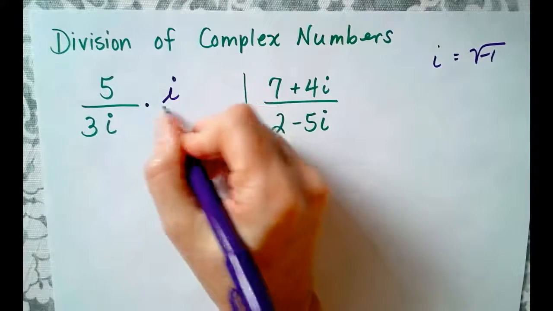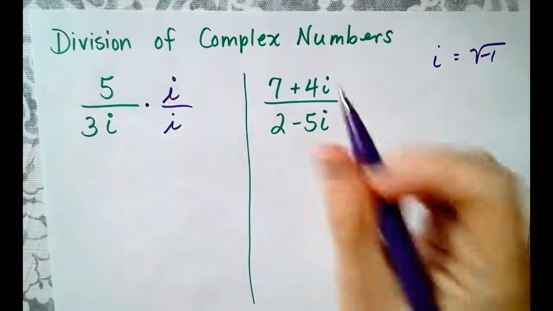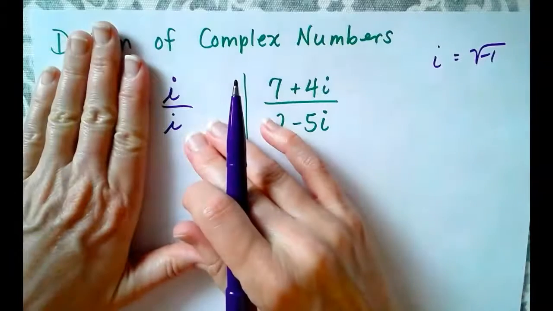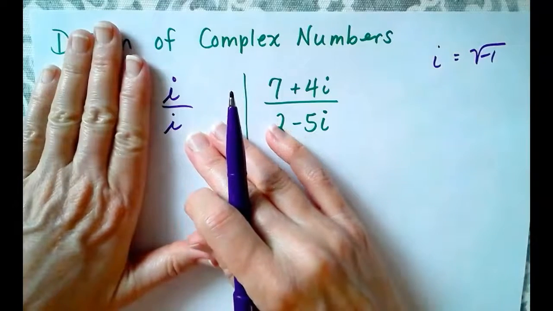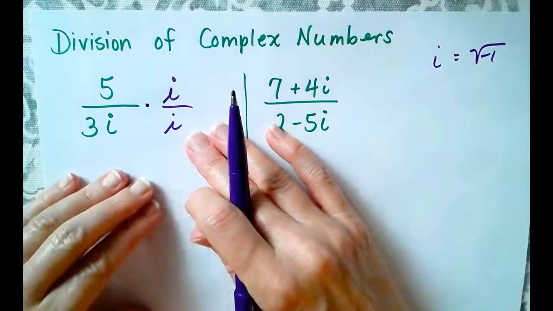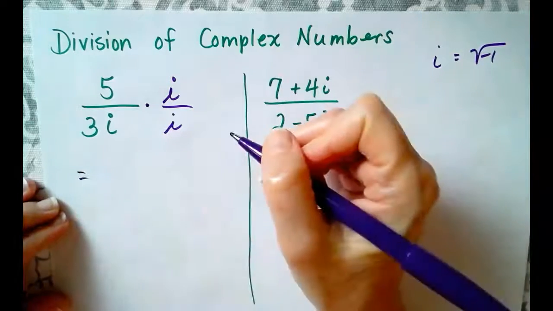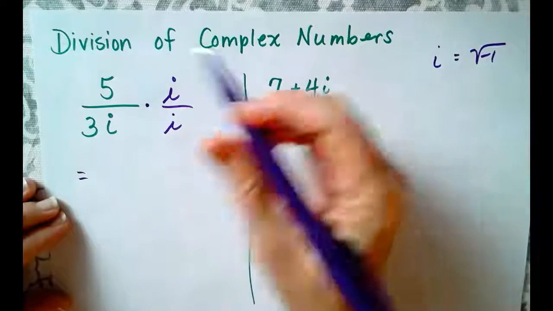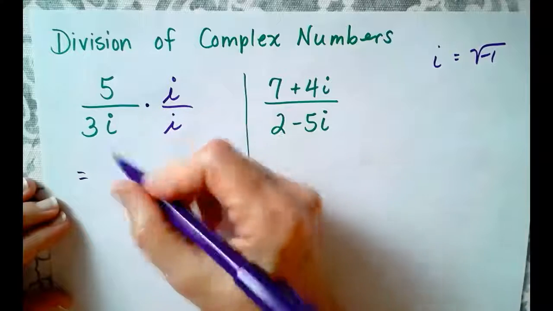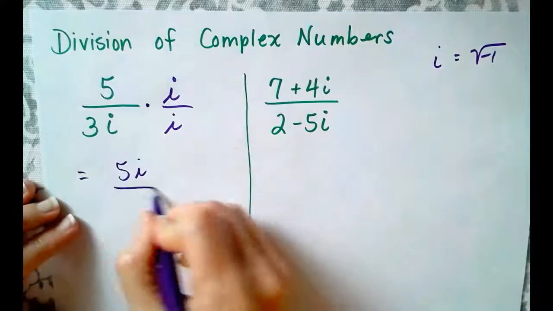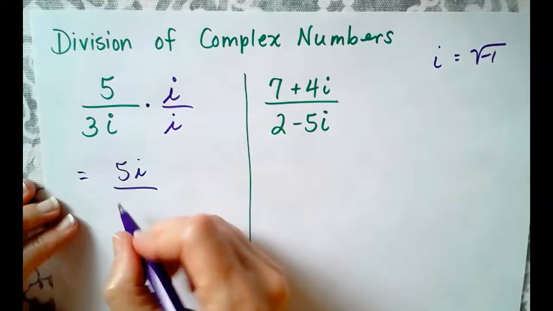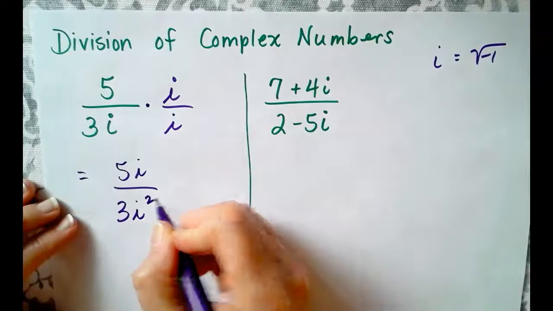So we're going to multiply by i over i. And remember, i over i is equal to 1. That's the multiplicative identity, so when we multiply by 1, we don't change the value. But we will rationalize this denominator. So 5 times i is 5i. 3i times i is 3i squared.